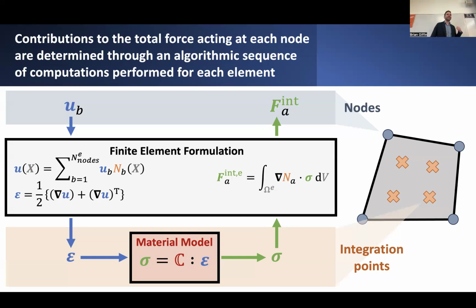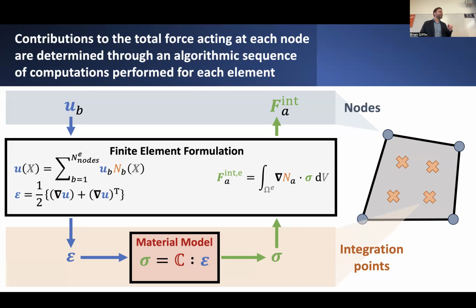Then we have this collection of different values of strain evaluated at specific points within the element, which are nominally the integration points. There may be some variable number of these points at which we compute discrete values of the strain tensor.